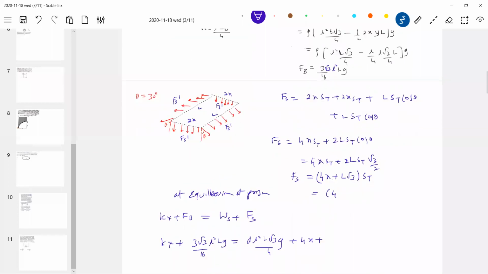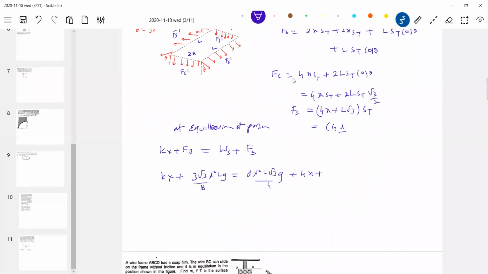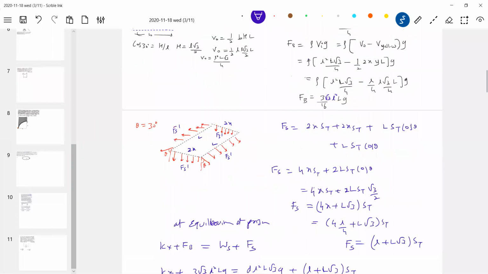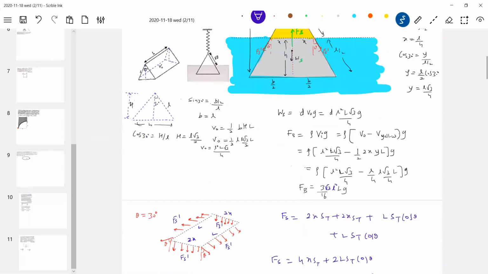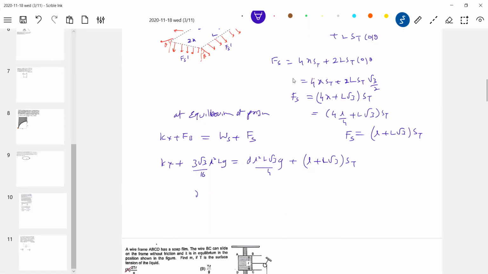L by 4, no? Yes. So this will be L by 4, L root 3 into ST. So this will become L plus L root 3 into ST. I'm writing ST for surface tension; you might have been given a different symbol. So what is being asked now? Calculate the extension in the spring. So solve for x.